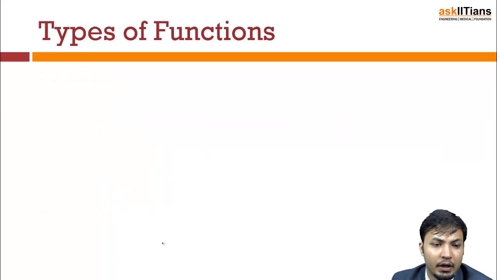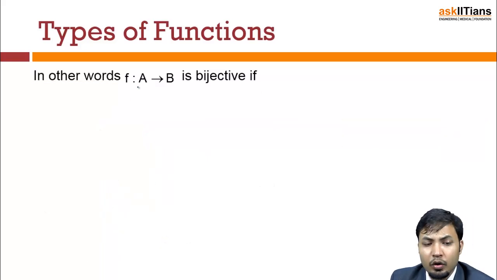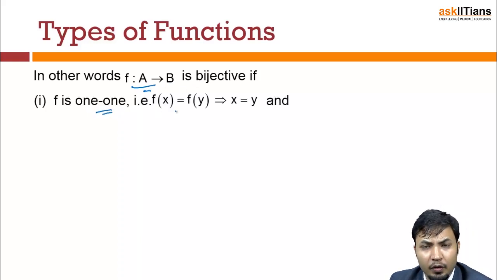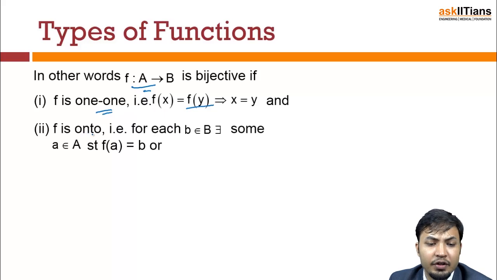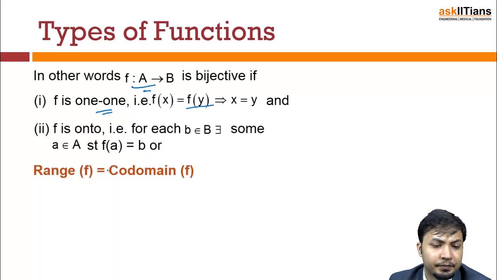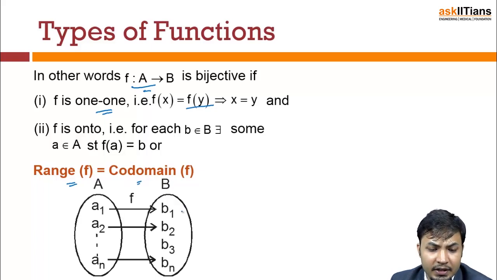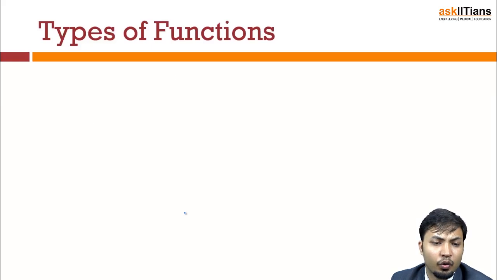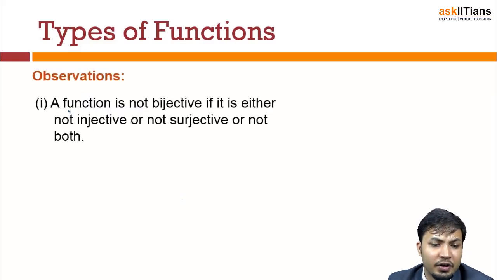Now we can also say that a function f from A to B is bijective if f is one-one, and f is onto, and the range of f is equal to the codomain of f. The function is not bijective if it is either not injective or not surjective.